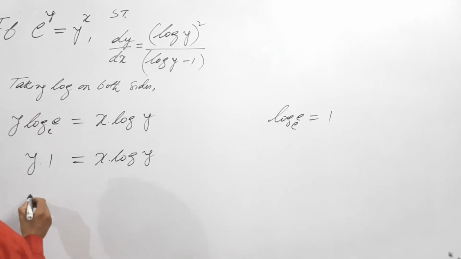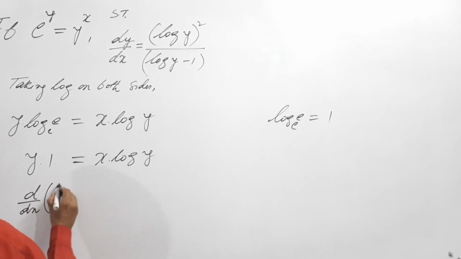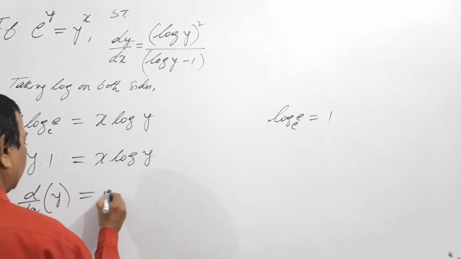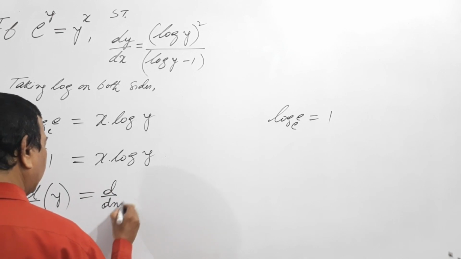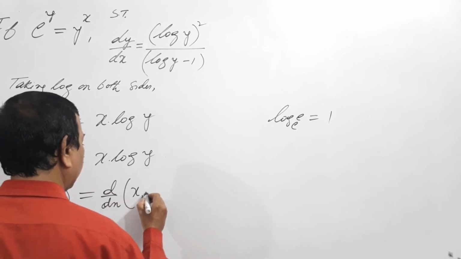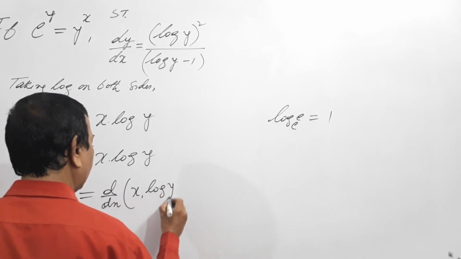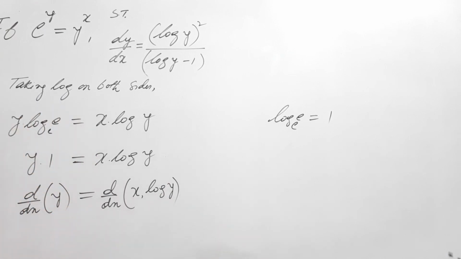So this becomes d by dx of y equals to d by dx of x log y. Use product rule here. So this becomes what?